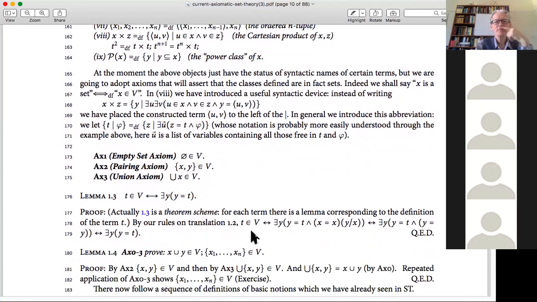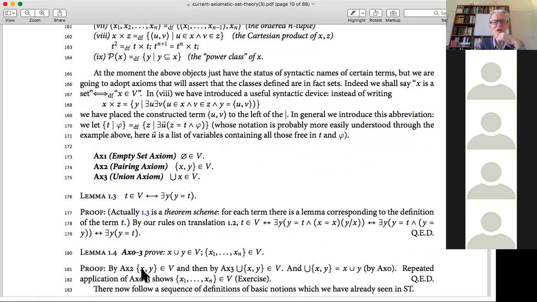So the axioms that we've got so far, just talking about pairing, and if I've got union, well, I can always then take perhaps three things and put them together. I can always talk about taking sets x and y and putting those together.